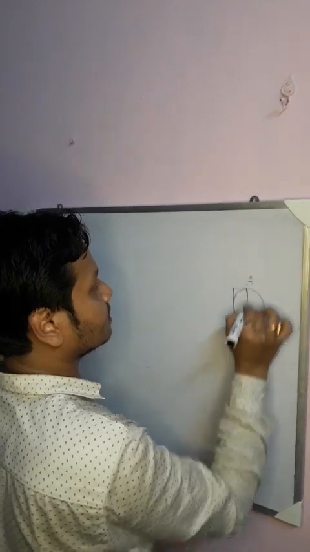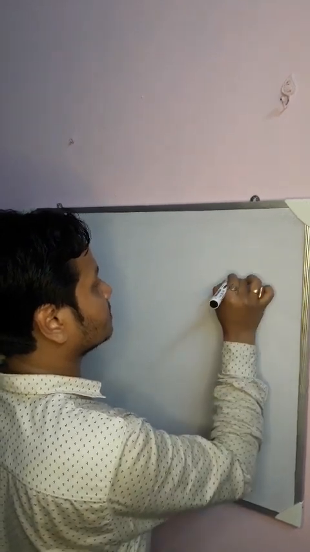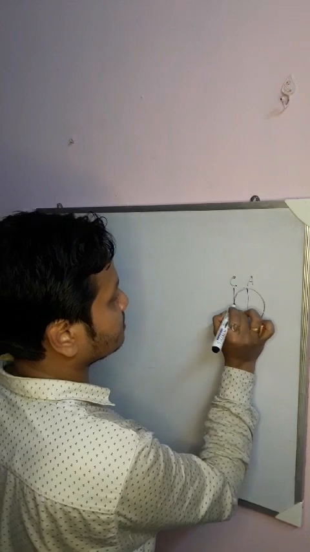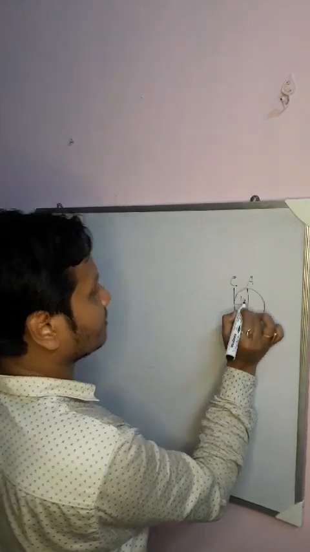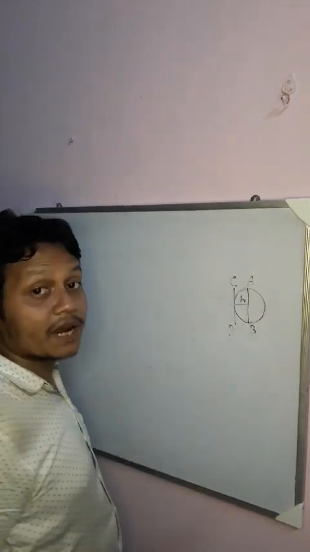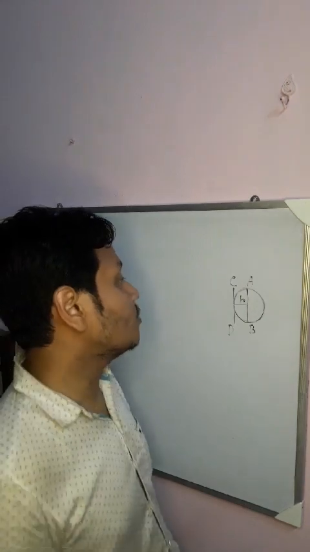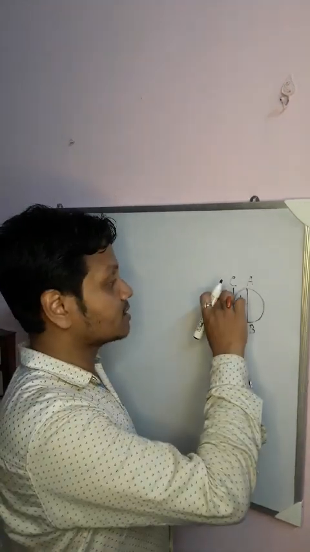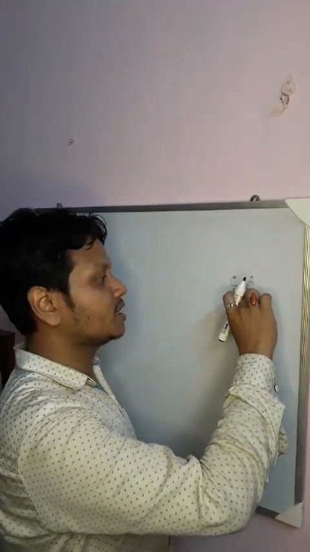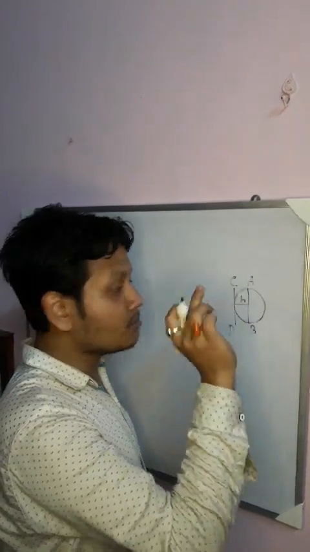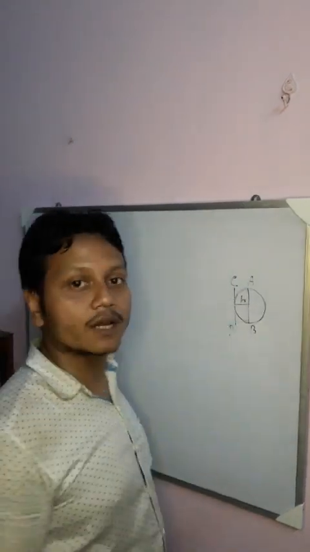Say this is AB diameter and this is the tangent CD, and suppose the radius is R. What we learned from the parallel axis theorem is that the moment of inertia about this axis equals the moment of inertia about this axis plus M into R square.